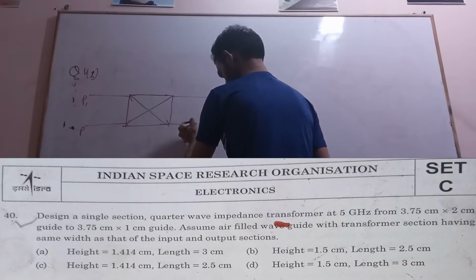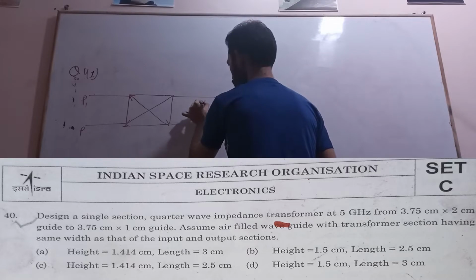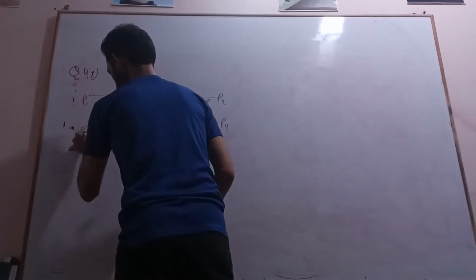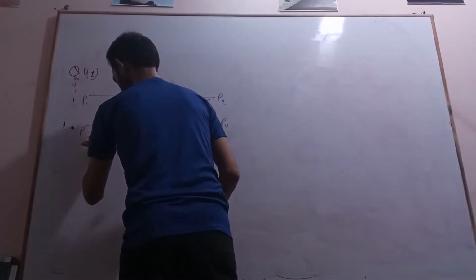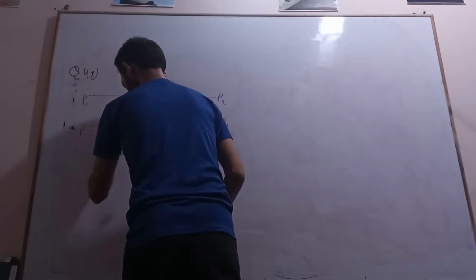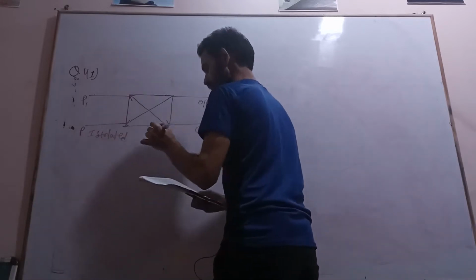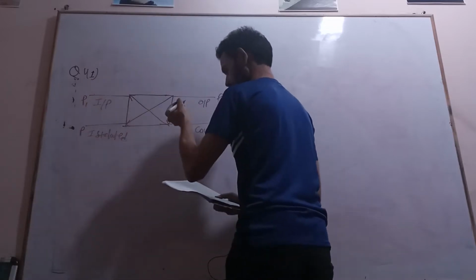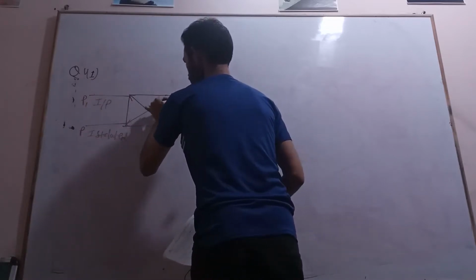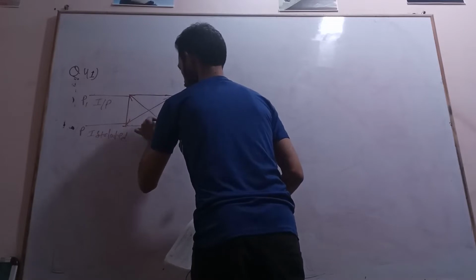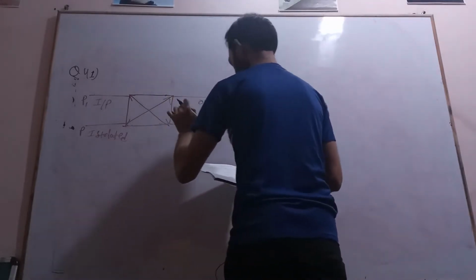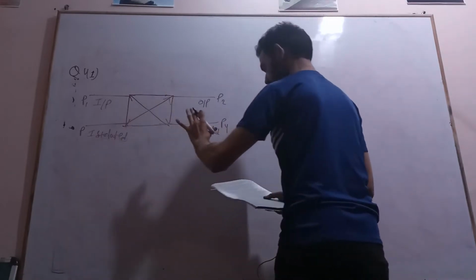Port 2 is the output port, port 4 is the coupled port, and this is the isolated port, and this is my input port. So these are the four ports of the directional coupler.